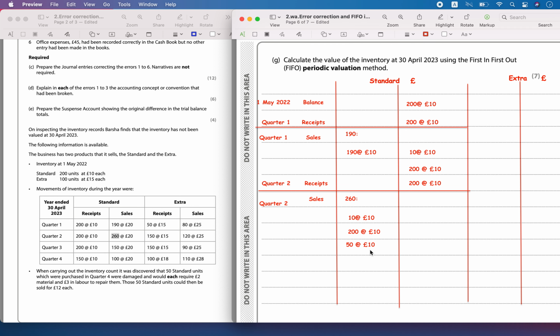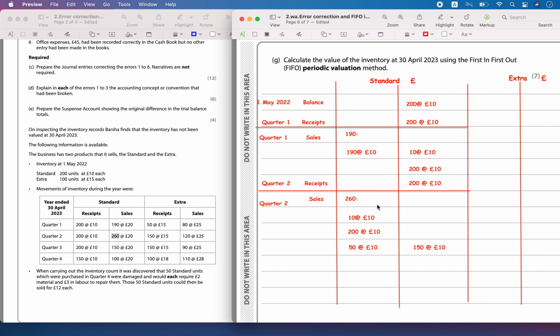The remaining is 150 at 10 pounds, which will come at the top of the inventory list to be issued for the next set of sales.